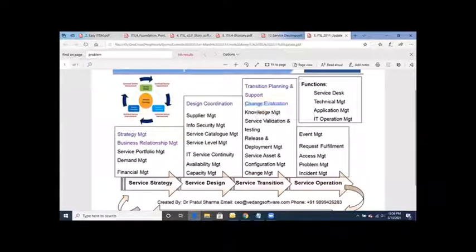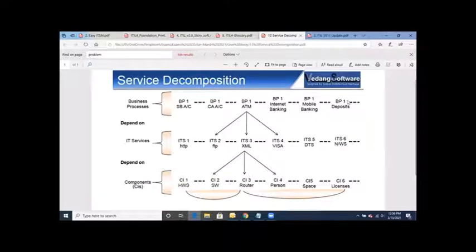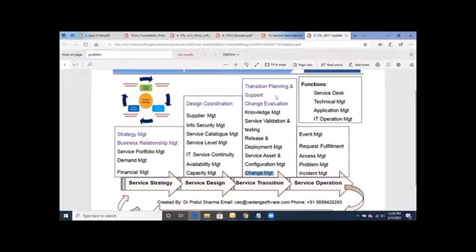So this change evaluation process helps you take a decision on a large change which will be executed as a project. While change management is a process which helps you take the decisions on the changes to the service and the integrated CIs which make up the service. ये आपका difference आया इसमें 2011 में.